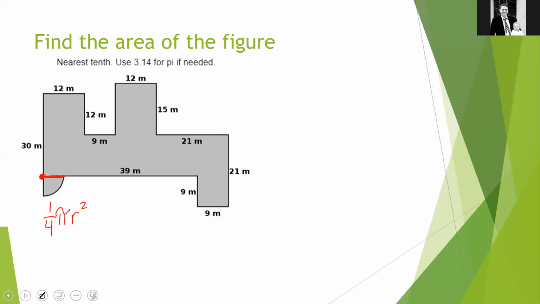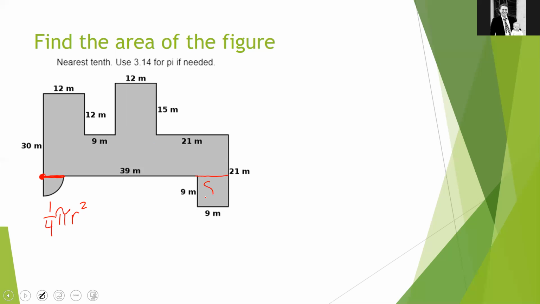Now, as I'm looking around this shape, I don't see an immediate way to do that, so I'm just going to start solving things and hoping that the solution will present itself. I know I can split this square off, so that's 9 times 9.